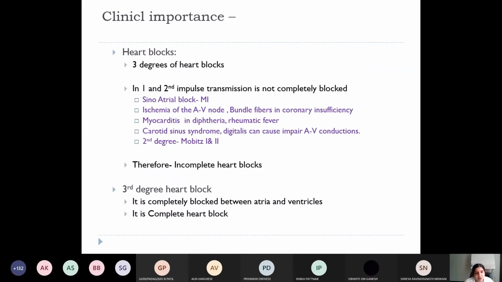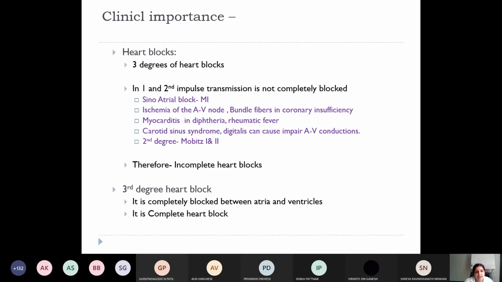Now coming to the clinical importance. Why is knowing the pacemaker tissue or the rate of impulse generation from the conducting system of the heart important? You have already studied this, right? It is because various degrees of heart block will appear in the human heart also.